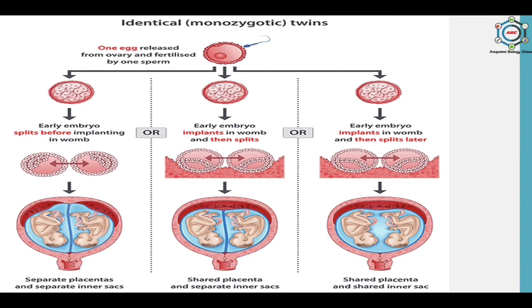While in the second, the early embryo implants in the womb and then splits. Then there is a shared placenta and separate inner sacs. While in the third, the early embryo implants in the womb and then splits later. In this case, shared placenta and shared inner sac occur. So these are the consequences in case of identical twins formation.